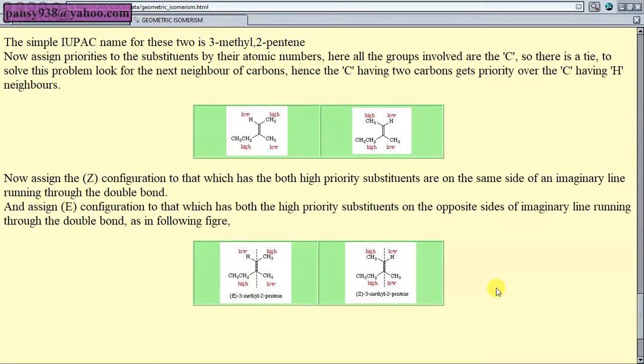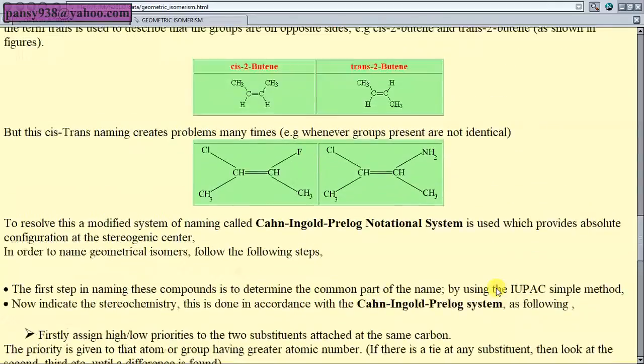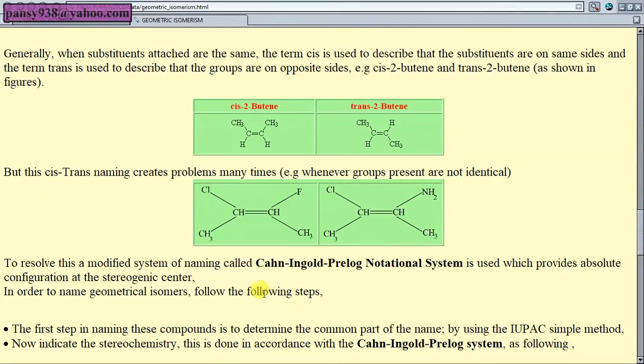So this naming method absolutely resolves the issues we have discussed above. For example, in this case, you see that a carbon is joined with chlorine and a carbon, and the other carbon is joined with fluorine and a carbon.